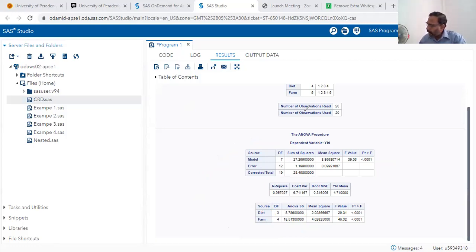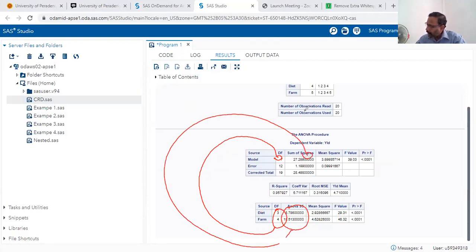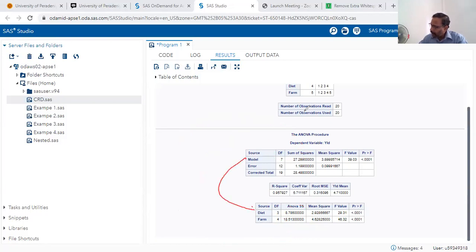All right. So here, when you add these sums of squares, as I said, either sums of square or the degrees of freedom, it is same as the model sums of square and the model degrees of freedom. So that is one thing. Since the model is including both components, diet and the farm, if you look at the model significance, this is significant because why?